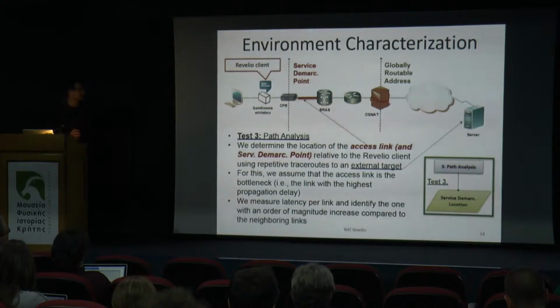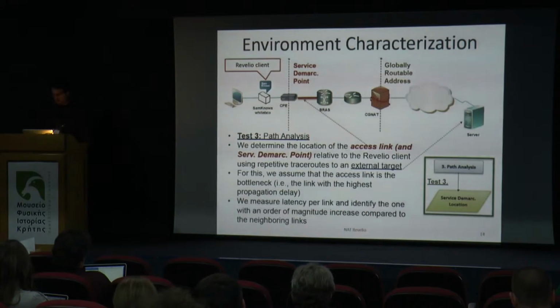So here Revelio assumes that the access link will have a transmission delay that will be at least an order of magnitude higher than the neighboring links, and it estimates the delay using a methodology similar to PathChar, which basically means that they calculate the per link latency taking the minimum RTT from repeated RTT measurements with varying UDP packet size, and the queuing and processing delays are considered negligible.